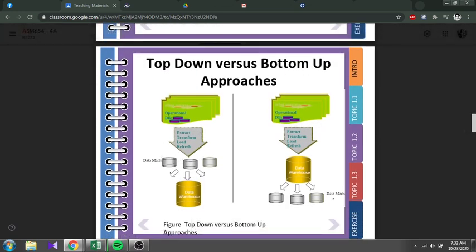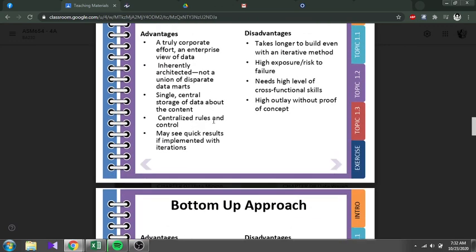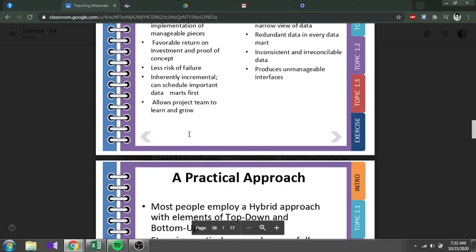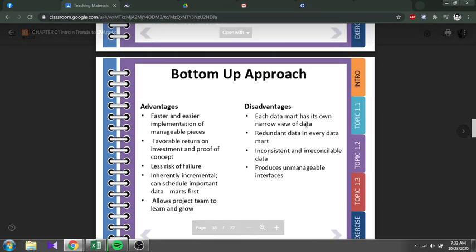From operational ni, go to the departmental first, baru dia goes for the centralized. Single standard data about the content. Inherently incremental, allow project team to learn and grow. Okay, the disadvantage is each data mart has its own narrow view of data. Of course, because they look at the departmental first.